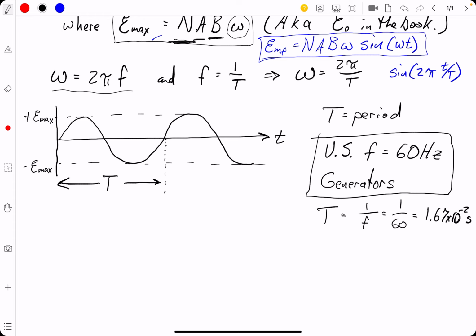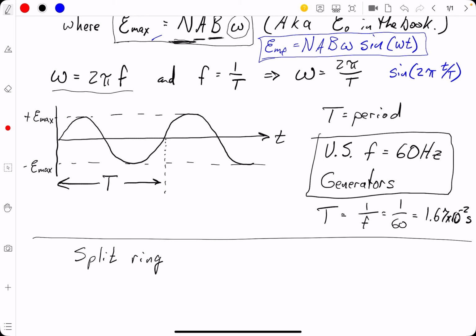So here's the thing. And I alluded to this in class, but I wasn't able to do a very good drawing of it. So I'm going to just say now that we're going to do the thing that I kind of talked about in class. And we're going to call it a split ring. Okay?